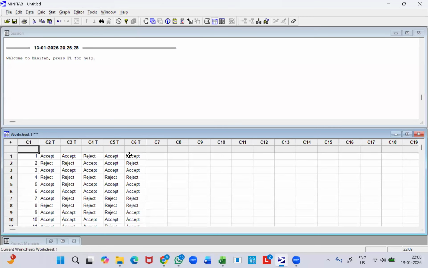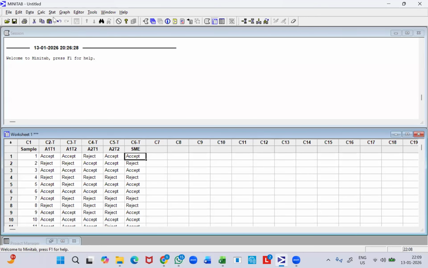So C1 is the sample reference, and the next columns are auditor 1 trial 1, auditor 1 trial 2, auditor 2 trial 1, auditor 2 trial 2, and then the final one is the SME result. So I just compiled all these results here after performing the exercise, the gauge R&R, attribute gauge R&R agreement analysis.